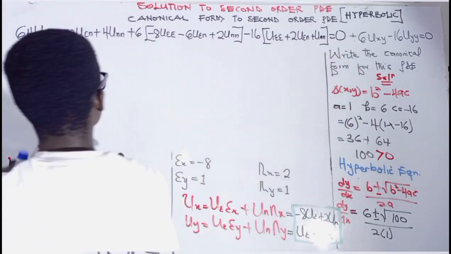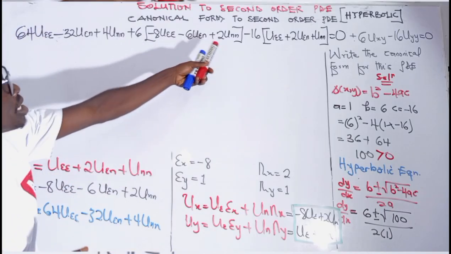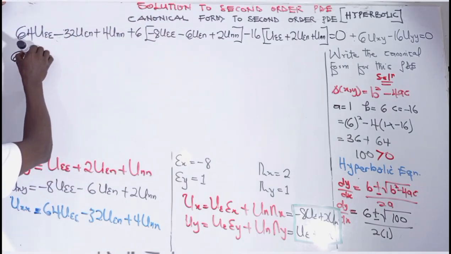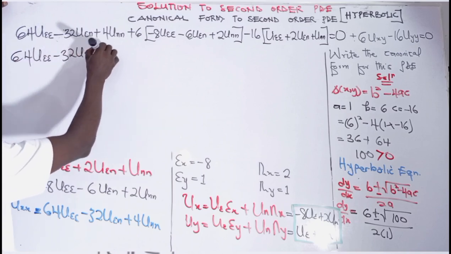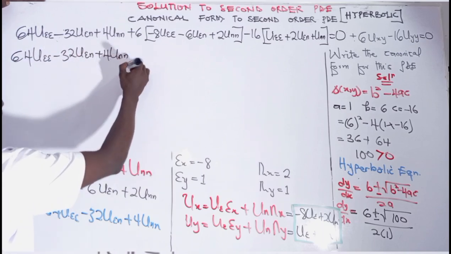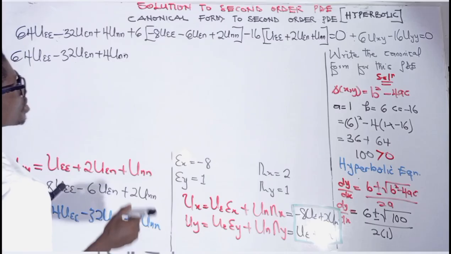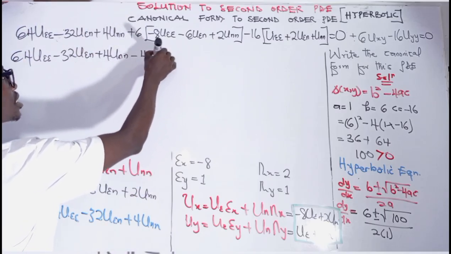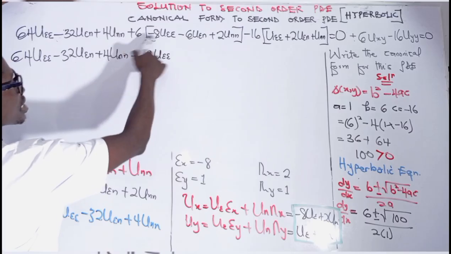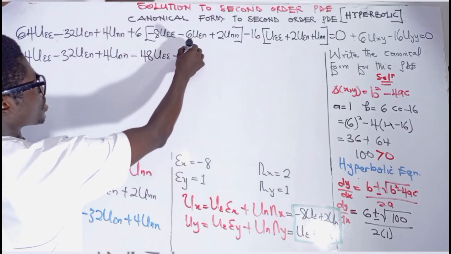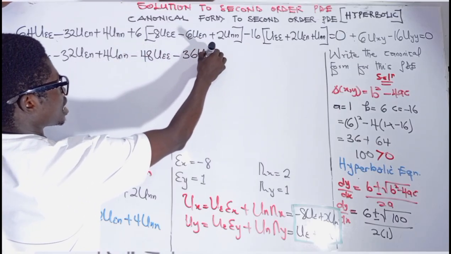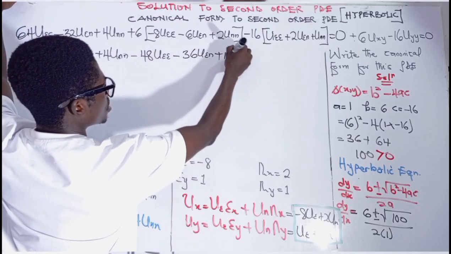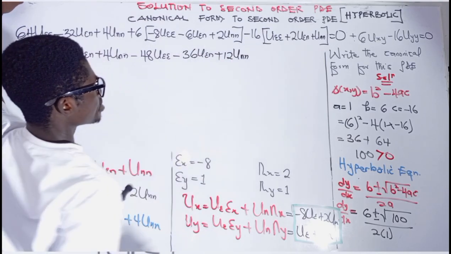Good. So from here we have to do some small expansion to remove the bracket. So we have our 64. And then when we expand, 6 times 8 will give us negative 48 u xi xi. 6 times 6 will give us 36, so we have 36 u xi eta. 6 times 2 will give us 12 u eta eta.